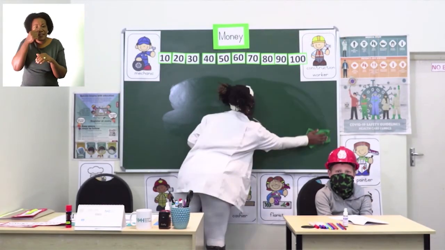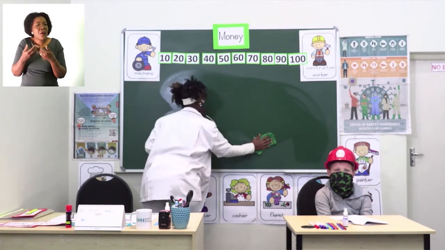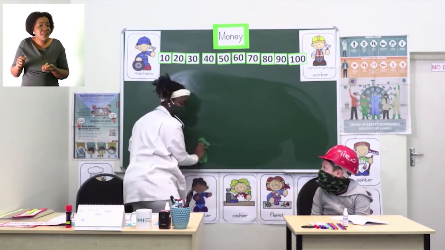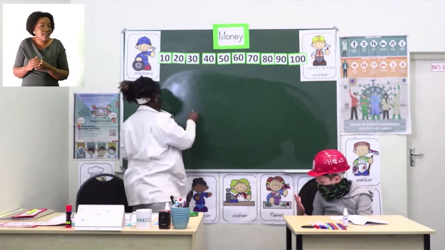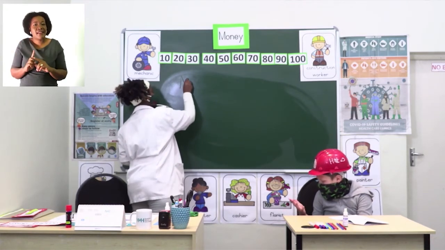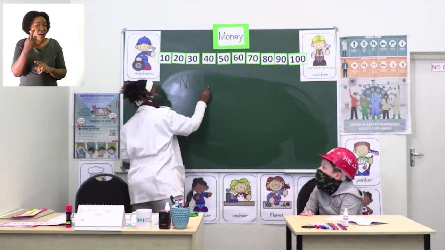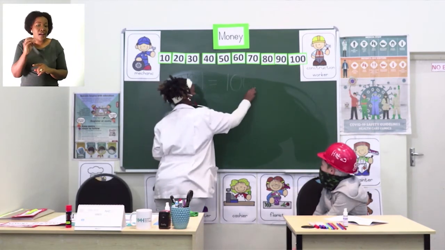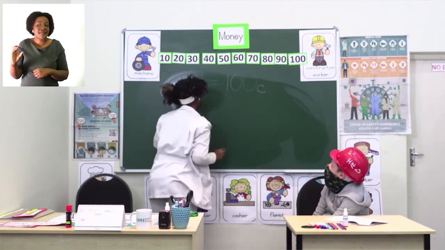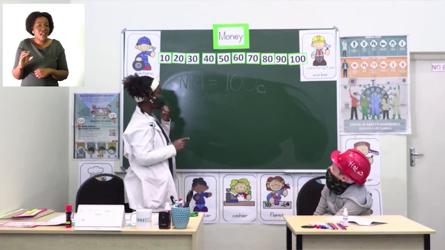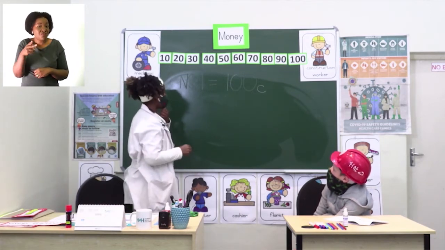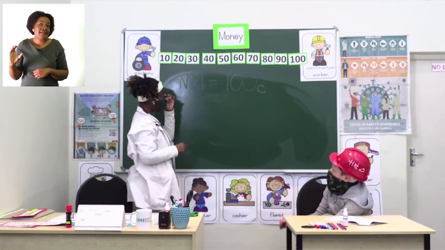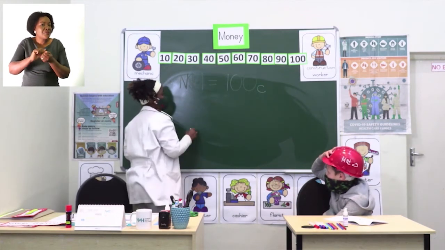Remember when we started with our money lessons in the previous lessons, we learned that $1 equals 100 cents. Remember that. Now, if we have to convert the dollars into cents, what do we do?